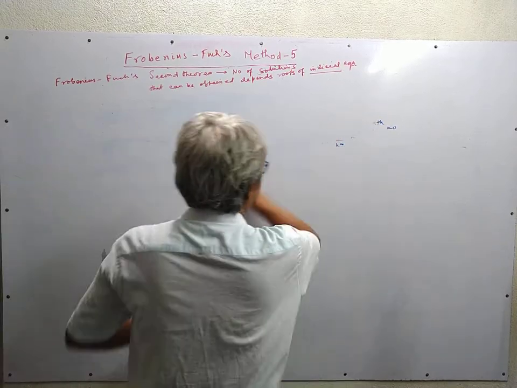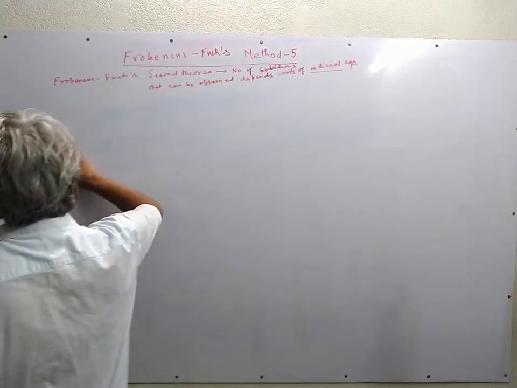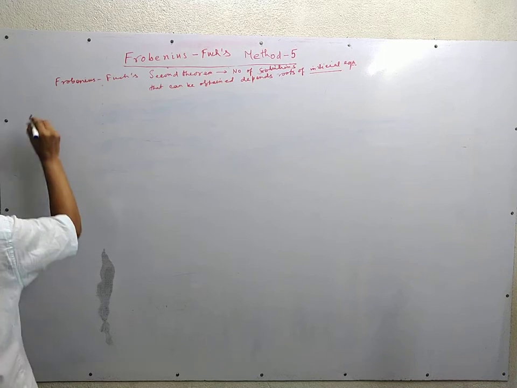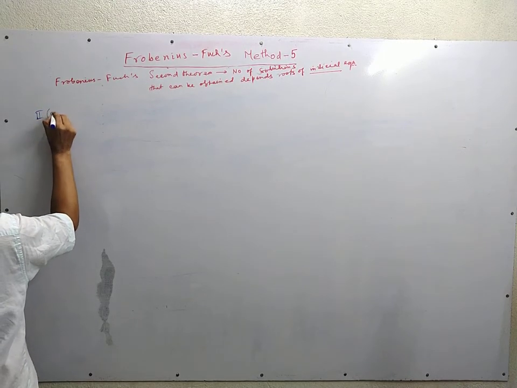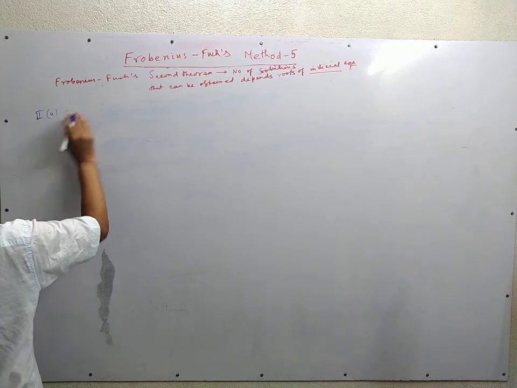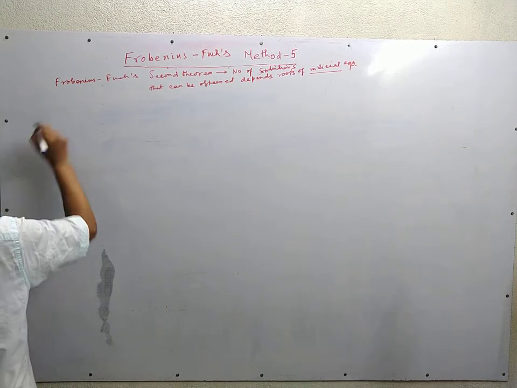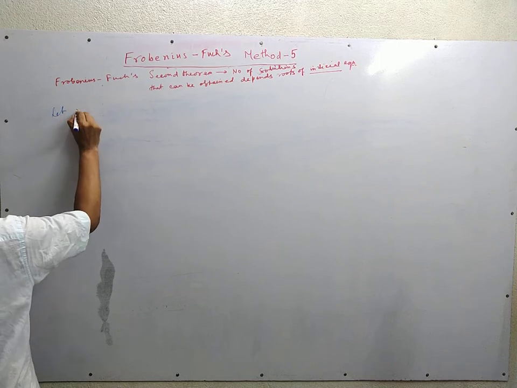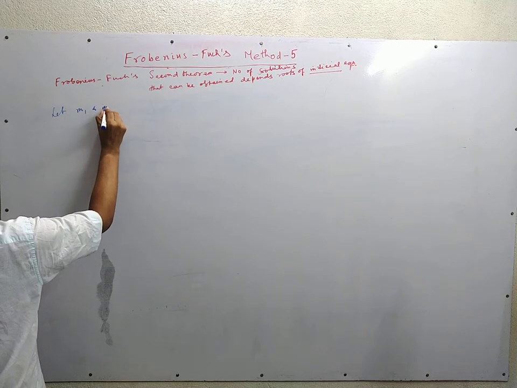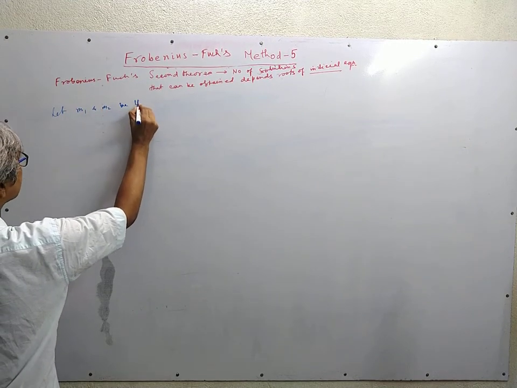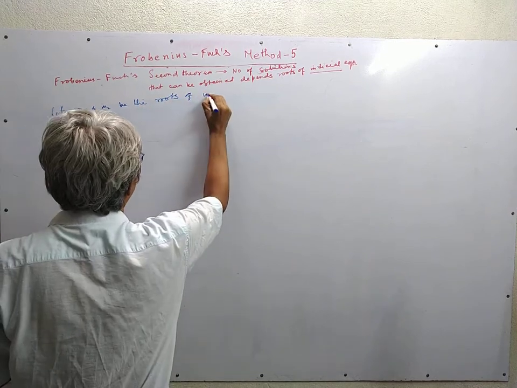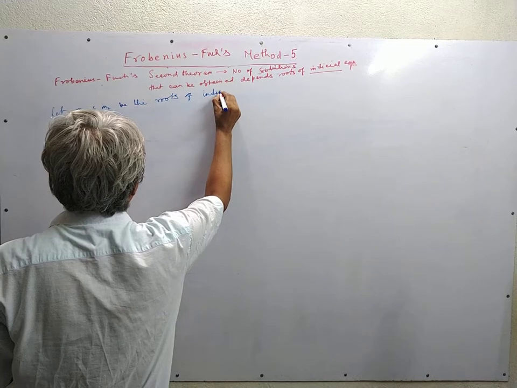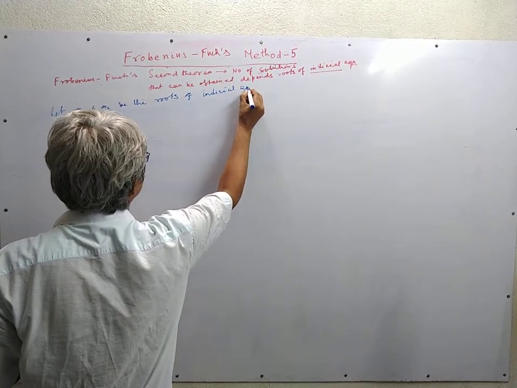And now the second theorem. Theorem II says, before that, let m1 and m2 be the roots of the initial equation.